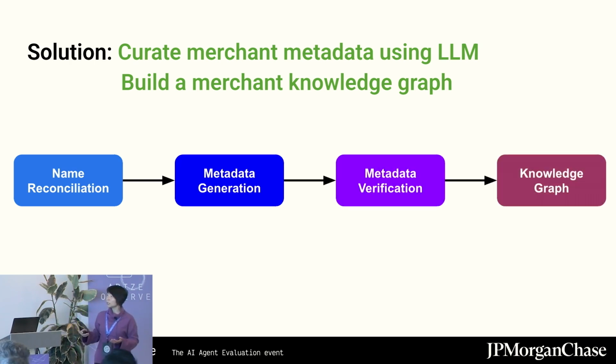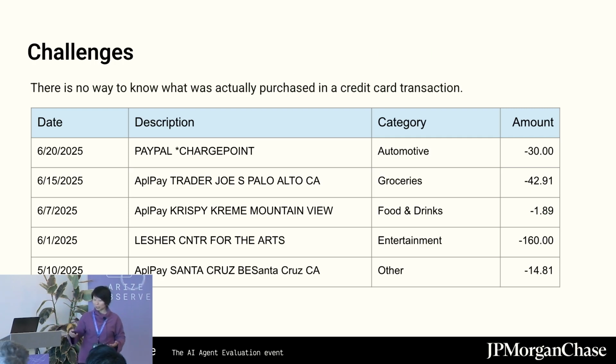In terms of a framework, you can think of it in terms of agents, as a chain-type pipeline where we have name reconciliation first. As you saw previously, for example, PayPal ChargePoint should just reconcile to ChargePoint. And that Apple Pay one, the Santa Cruz, is actually Santa Cruz Boardwalk.